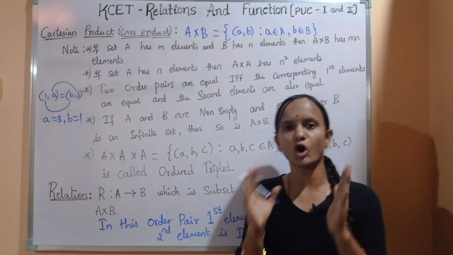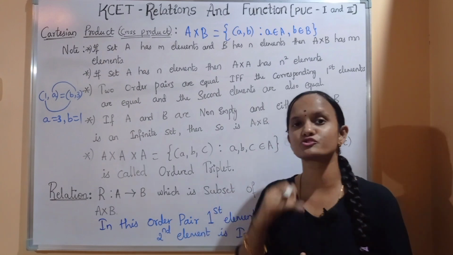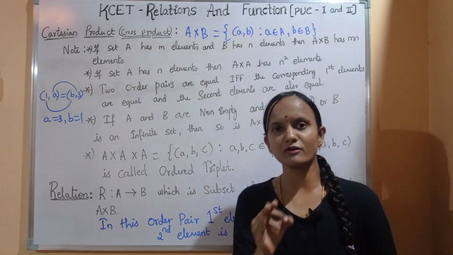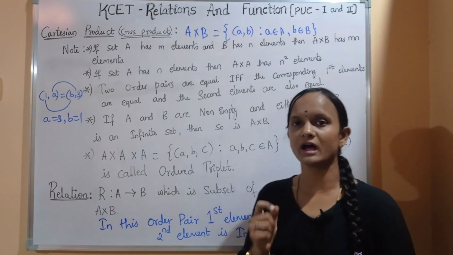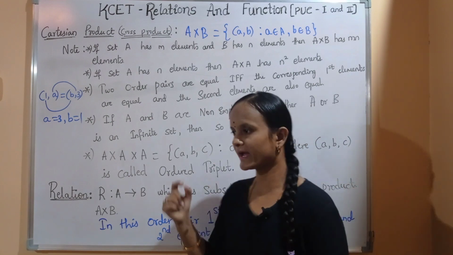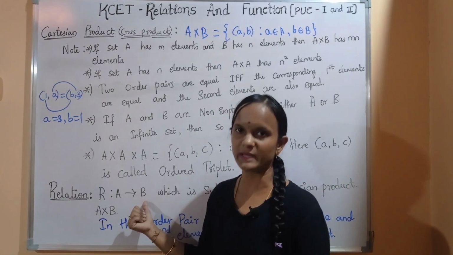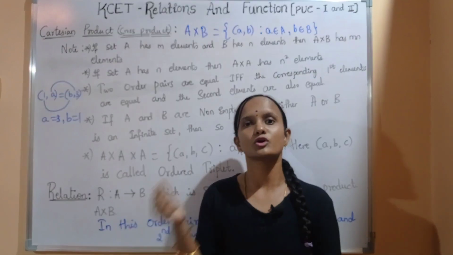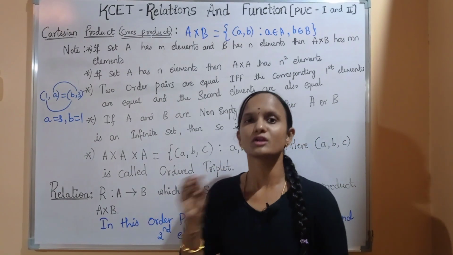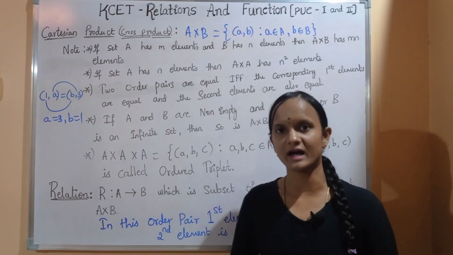The set of all first elements is known as the domain of the relation R, and the set of all second elements is called the range of the relation R, and it is a subset of B, where B is called the codomain of the relation R. The set B is called the codomain of the relation R.